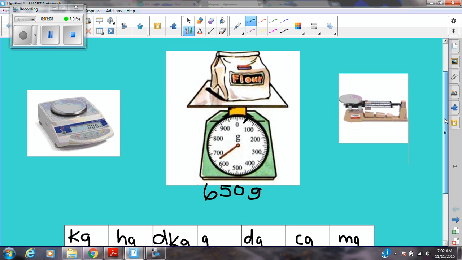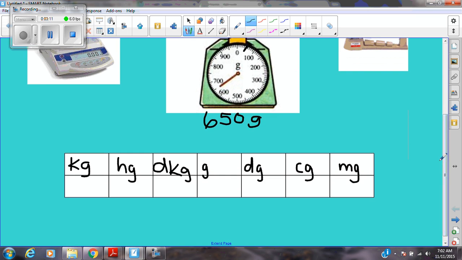I just wanted to remind you of the metric chart. Even though it uses the unit of grams, there are different measures. A gram is 1. It is as light as one paper clip or the pen cap off of a pen. You could have 10 of those, and that would give you a decagram.